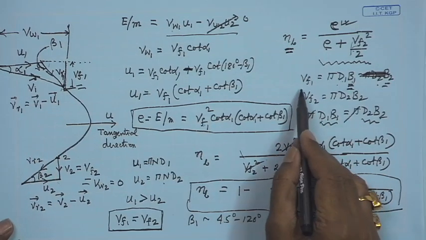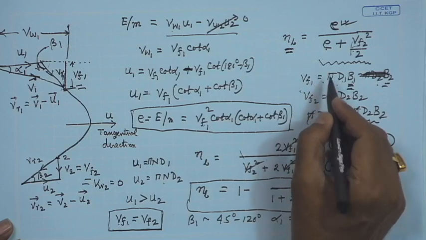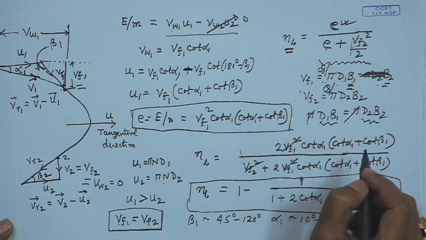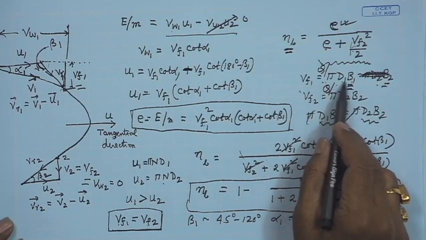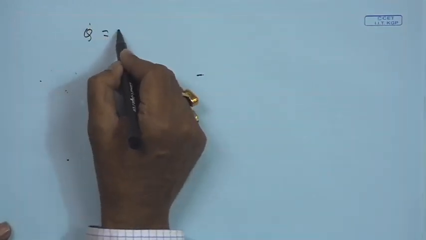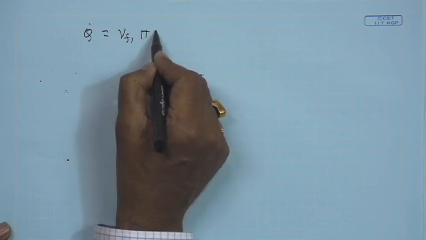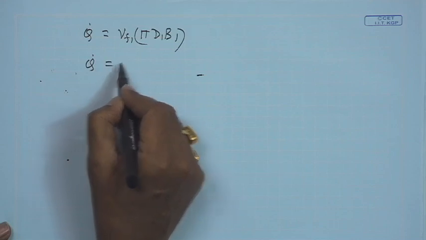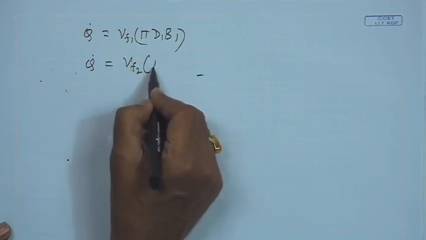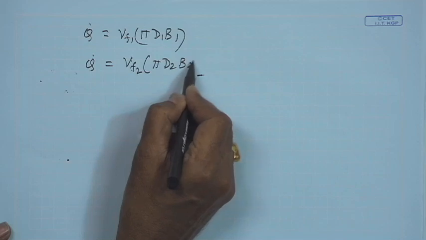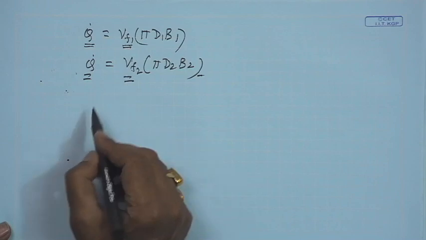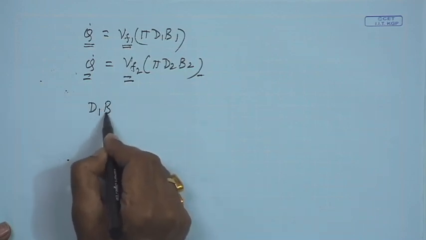To make the flow velocity remain same, actually it is q dot divided by this area, pi d1 b1, I can write separately. Q dot can be written as Vf1 into pi d1 b1, and q dot is same, written as Vf2 pi d2 b2. Q dot is same because the flow is steady, and if we consider Vf1, Vf2 are same, then the conclusion is d1 b1 is d2 b2.